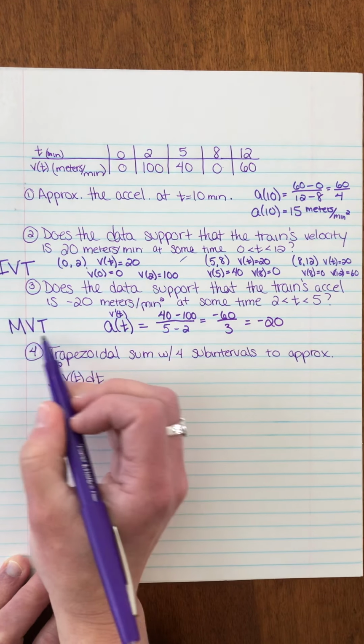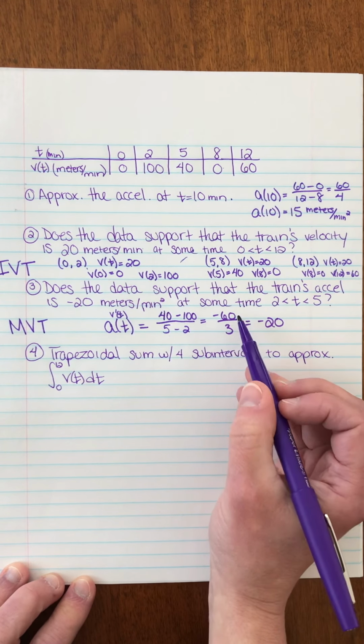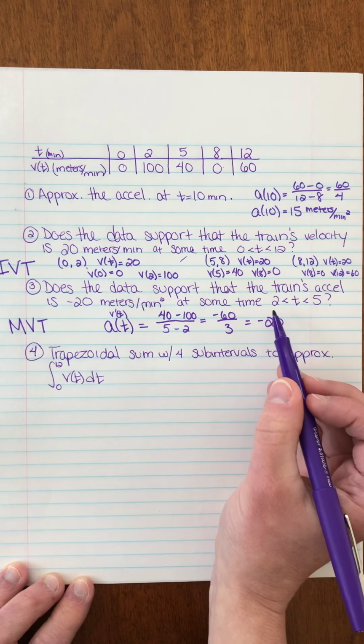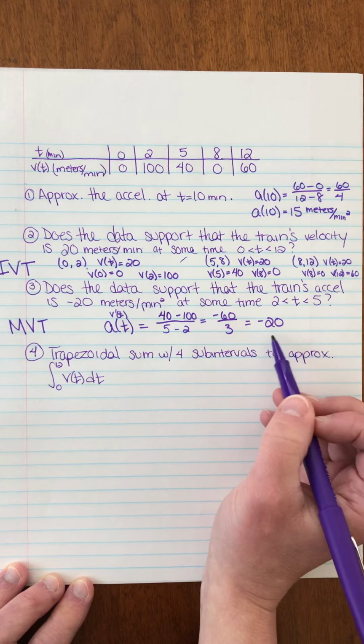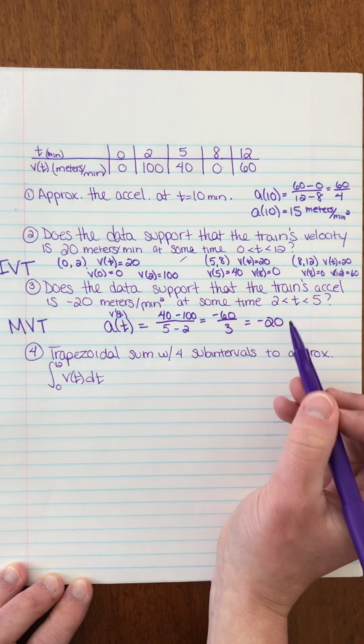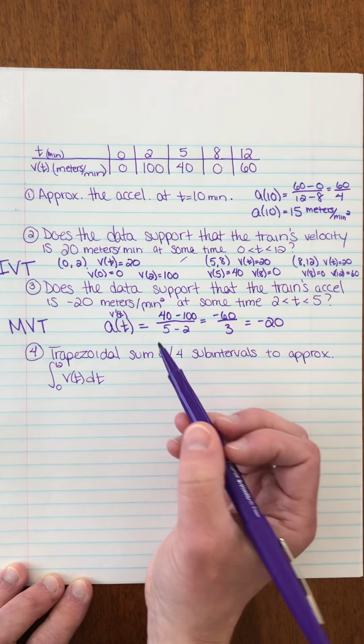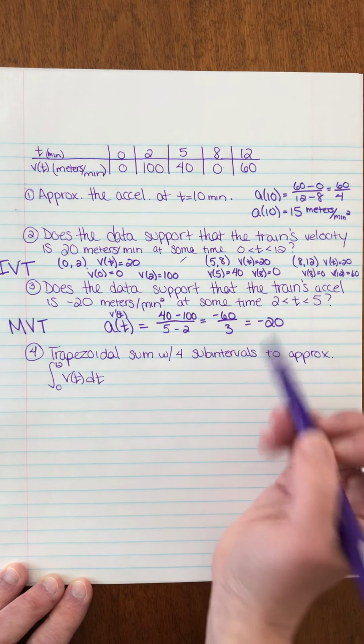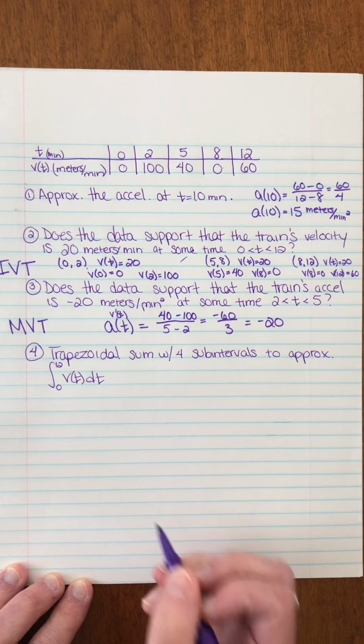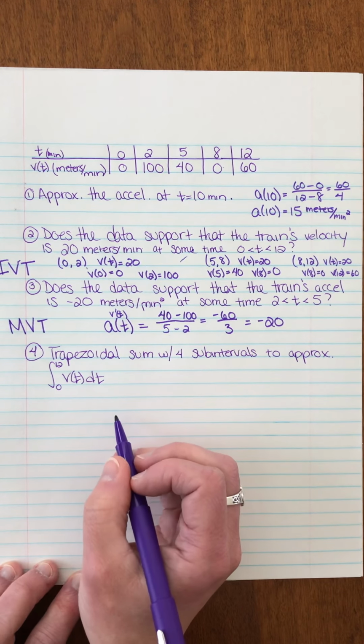So because of the mean value theorem and the slope connecting those 2 points of 2 and 5 is equal to negative 20, we know that the train's acceleration will equal negative 20 meters per minute squared sometime between 2 and 5.